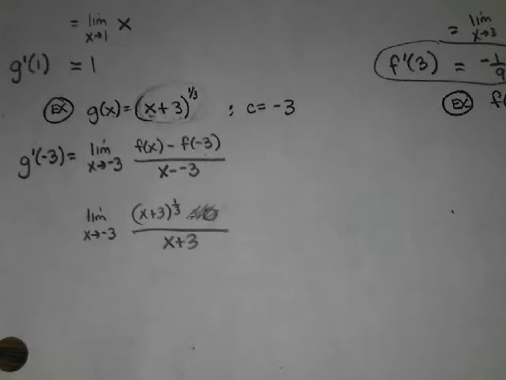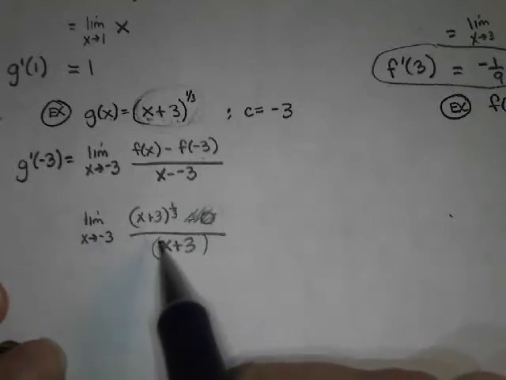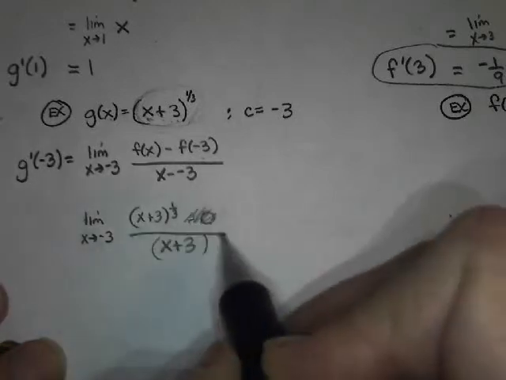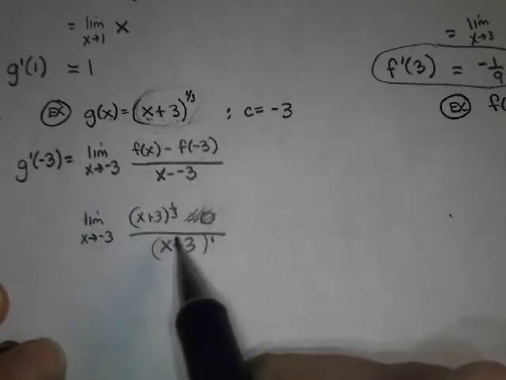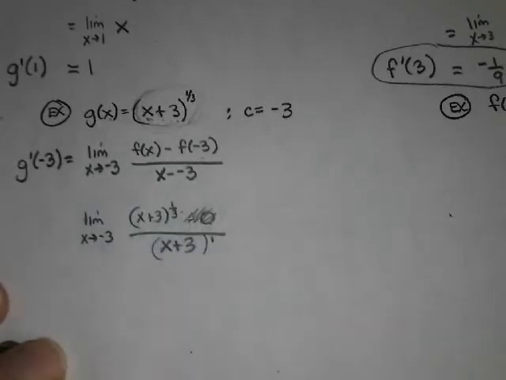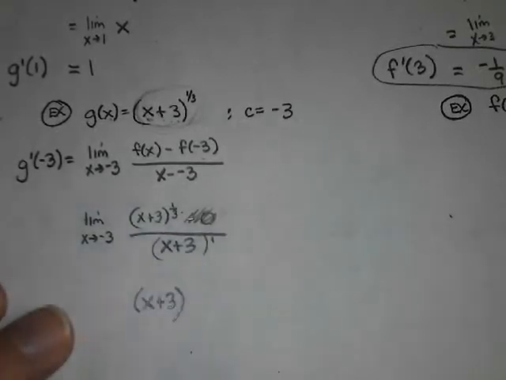It's not that I can cancel out x plus 3, but I can use my exponent rules of common bases. So I don't cancel out x plus 3, but this technically has an exponent of 1. So a common base divided by a common base means you can subtract the exponents. So that's going to give me x plus 3 to the power of 1/3 minus 1. And what is 1/3 minus 1? Negative 2/3.